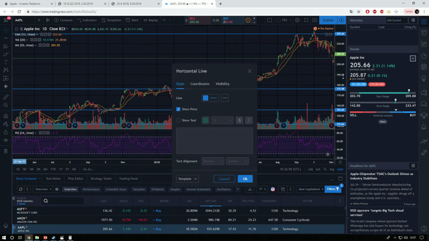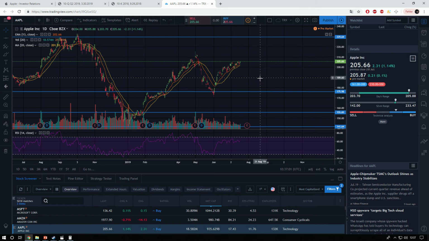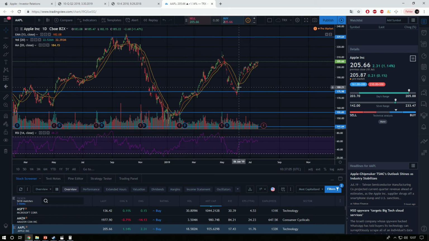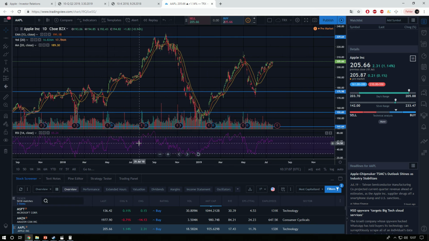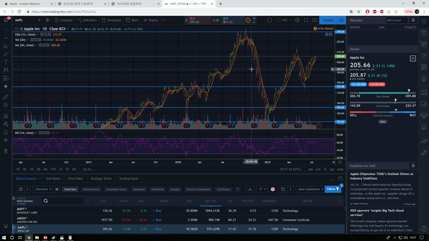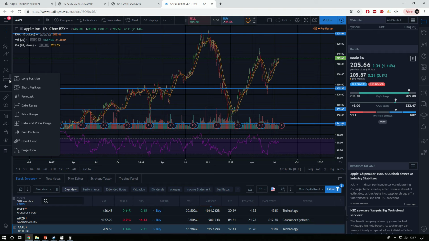But everybody has to decide this individually for themselves. I can just explain to you what technical analysis is in a little bit. There's a lot more information in here. Obviously you've got RSI, MACD, moving average, volume, EMA, VWAP. Just another tool I can show really quick.